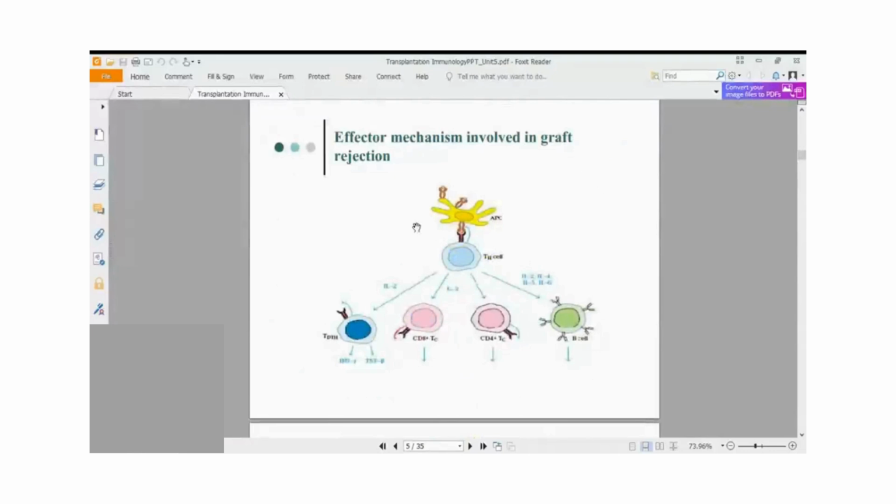First, I will take the mechanism that involves passenger APCs. Now, what is meant by passenger APCs? The passenger APCs belong to the donor, that is, the person who is donating the organ.